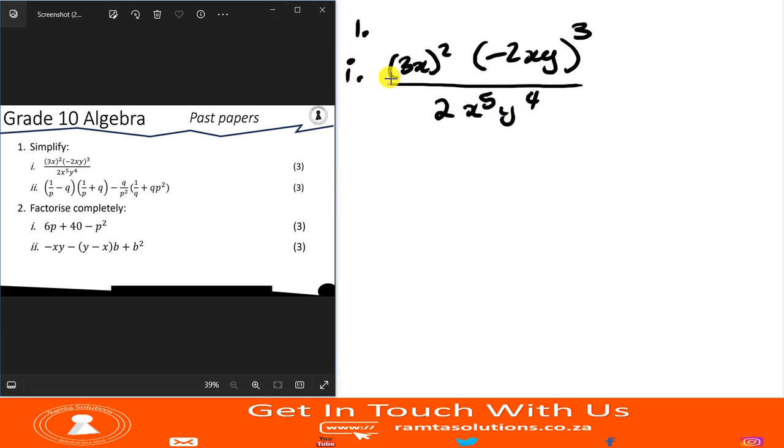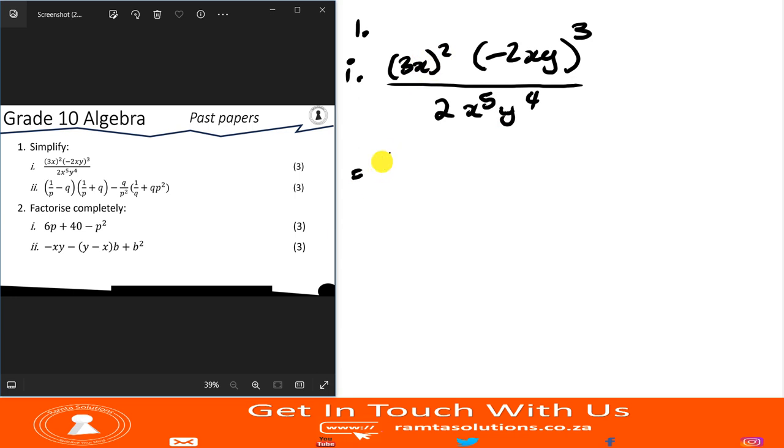So it is the product of 3x all squared and negative 2xy all cubed all over 2x to the 5 y to the power 4. Right? Perfect. Now, when reading this, I said it's 3x all squared, meaning everything is squared.